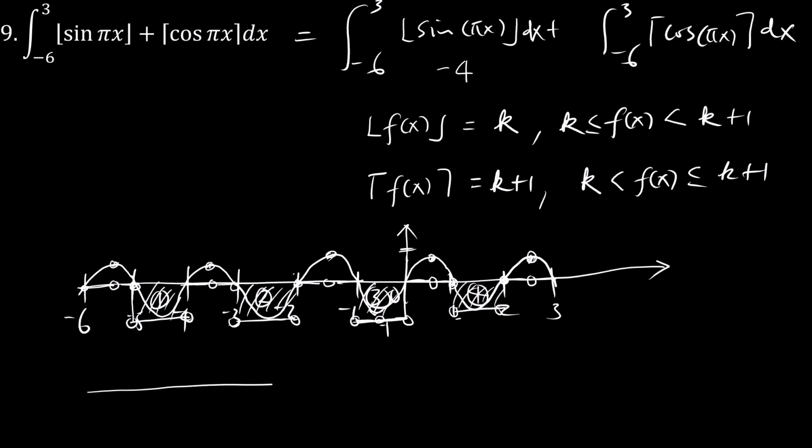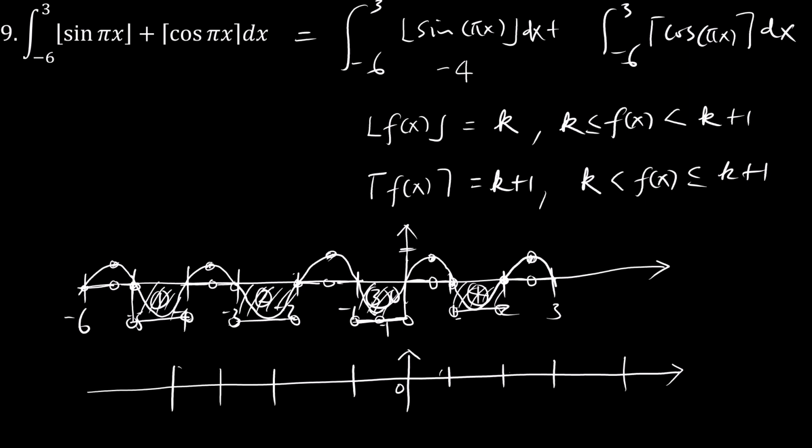Then let's look at the cosine part there. So we have 0, we have 1, 2, 3, 4, 1, 2, 3, 4, 5, 6. So 1, 2, 3, 4, -1, -2, -3, -4, -5, -6.